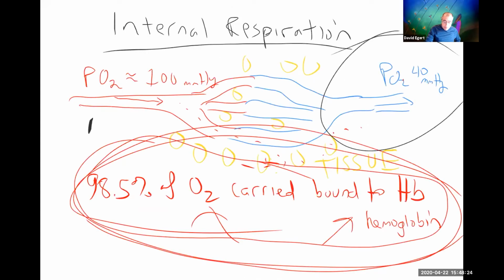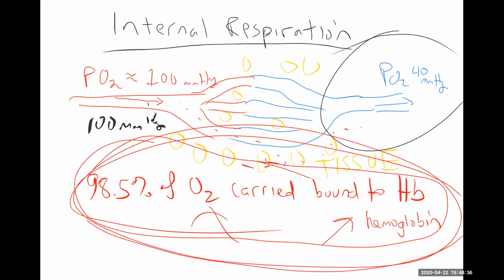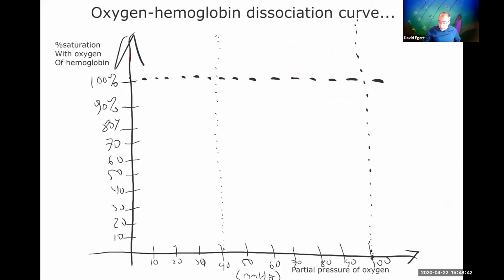If it was 100 millimeters of mercury out here, and the blood that's coming in is already at 100 millimeters of mercury, is the oxygen going to let go of the blood at all? There's no pressure difference, right? So if we are looking at 100 millimeters of mercury, all the oxygen stays attached to the blood.